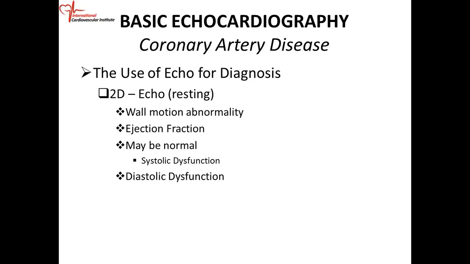One of the rationales for that is diastolic dysfunction, because at rest they usually have grade 1 diastolic dysfunction. With grade 1 diastolic dysfunction, as I've been teaching you, the E prime is going to be reduced, the left atrial volume is going to be normal, and the PA pressure is going to be normal. So that's your grade 1 diastolic dysfunction.